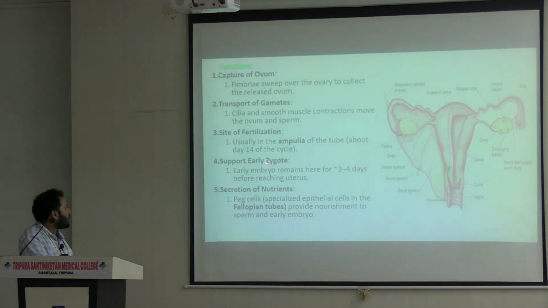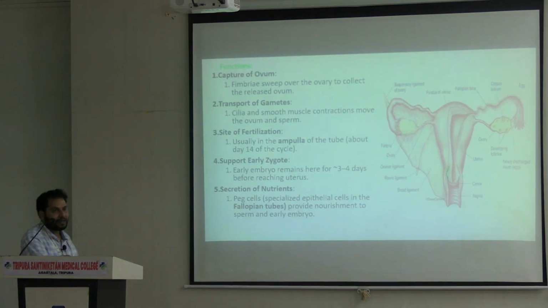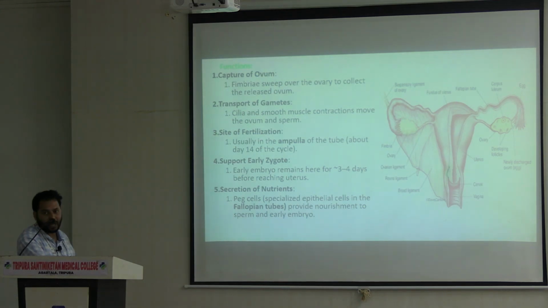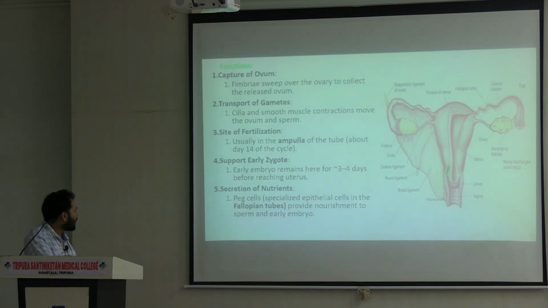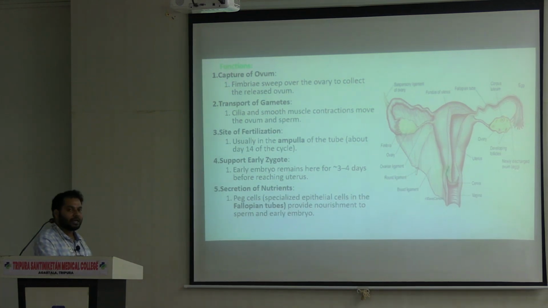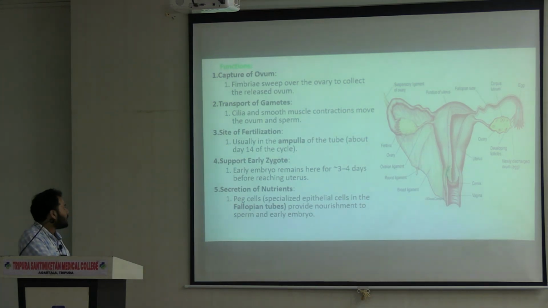And it supports the formation of the zygote, right? And that zygote remains in that particular fallopian tube for a certain period of time. So the early embryo remains here for 3 to 4 days before reaching the uterine wall. Another important function of this structural part is the presence of some special type of cells called epithelial cells or PEG cells.